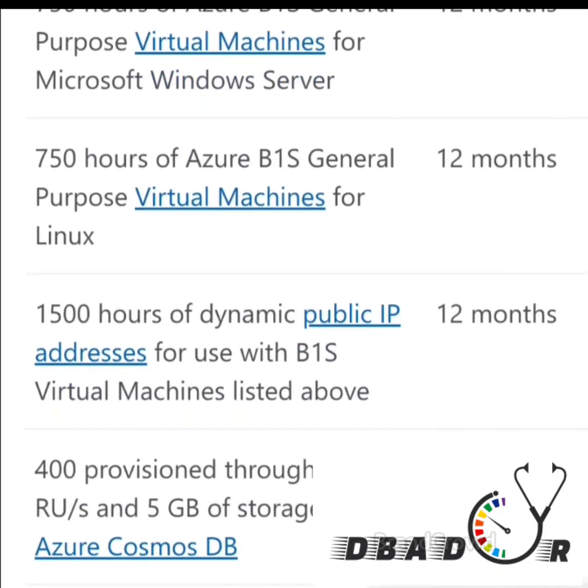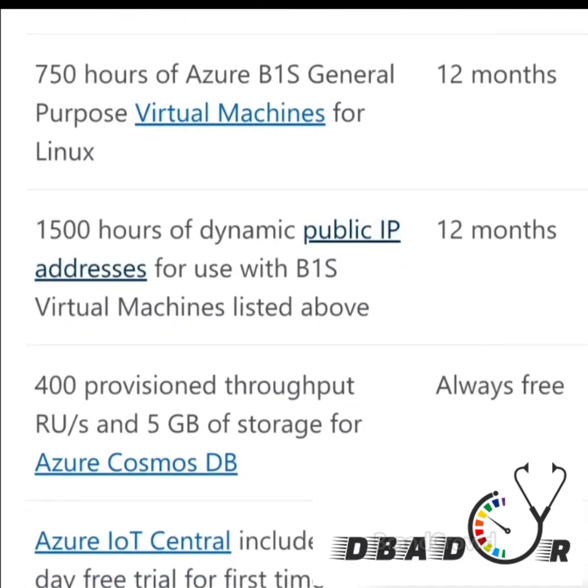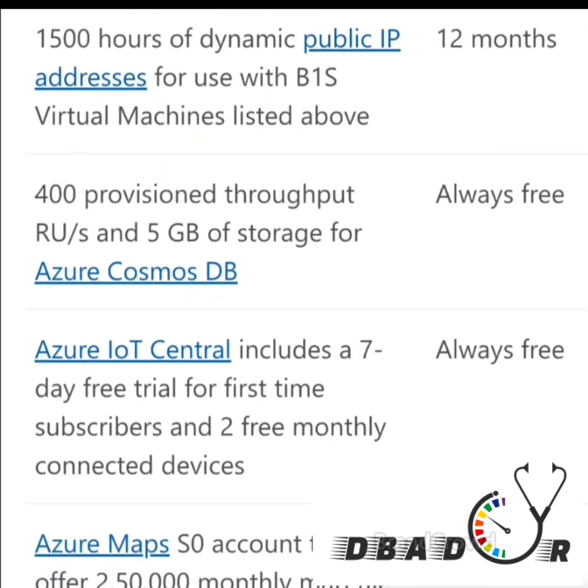Like that, you have some limitations: 50 GB of SQL database standard for 12 months, and 15 GB bandwidth for outbound data transfer with free unlimited inbound transfer.